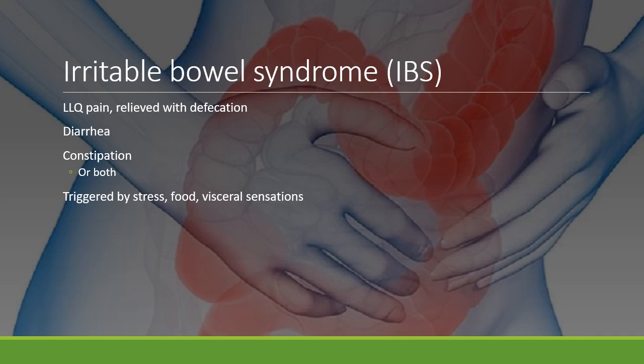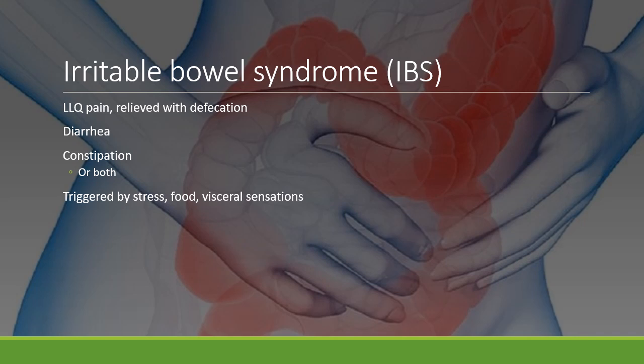If patients have certain trigger foods, then we teach them to avoid those. And then some drugs like antidepressants and antidiarrheal drugs can be helpful, but there are drugs on the market that specifically target IBS-C, which is the constipation, and IBS-D, which is diarrhea, that seem to be pretty effective.